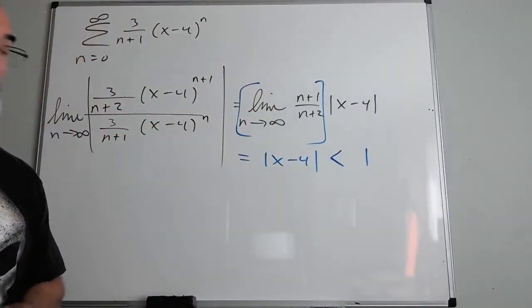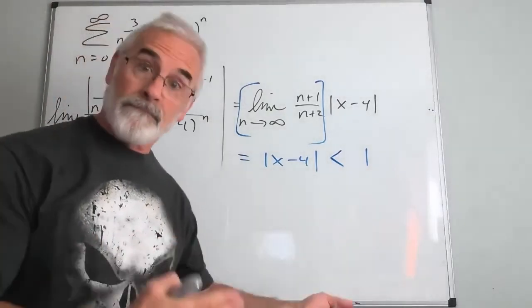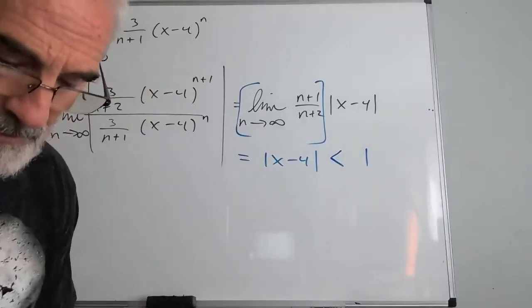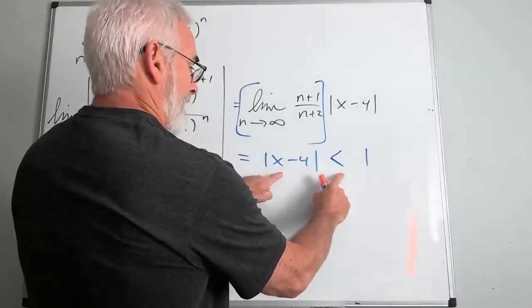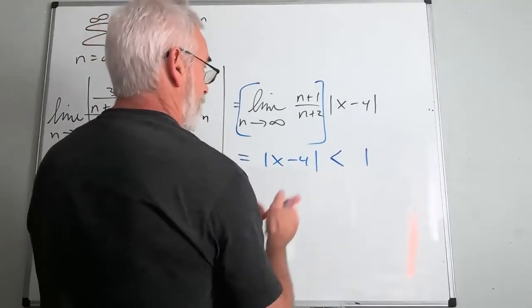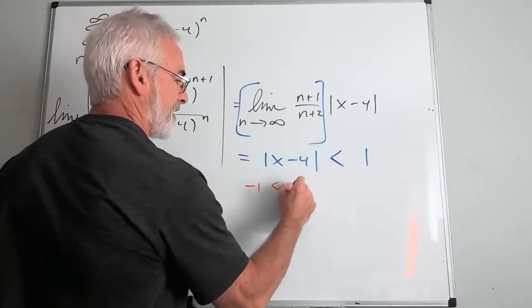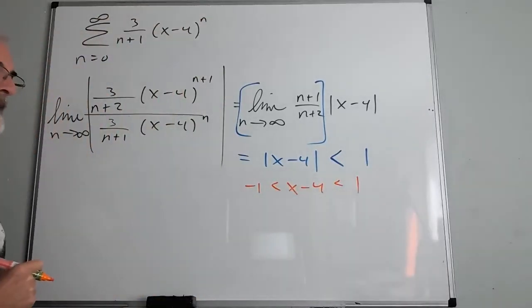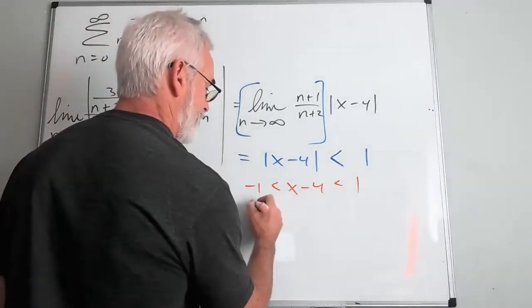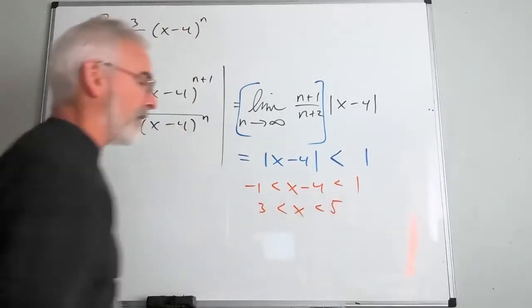So what I'm going to do is figure out when the thing is less than 1. I have to solve this right here. x minus 4 in absolute value is less than 1. When will that be true? Well, when negative 1 is less than x minus 4 is less than positive 1, I remove the absolute value. Now, if I add a 4 to each term, I'll get 3 is smaller than x is smaller than 5.